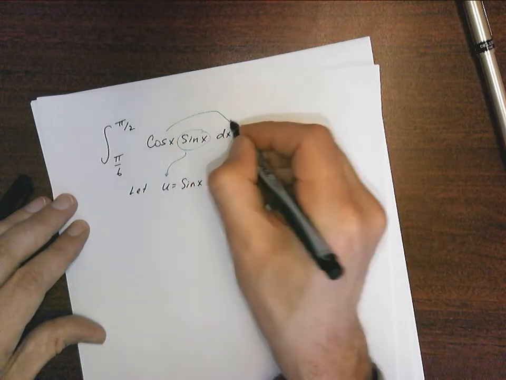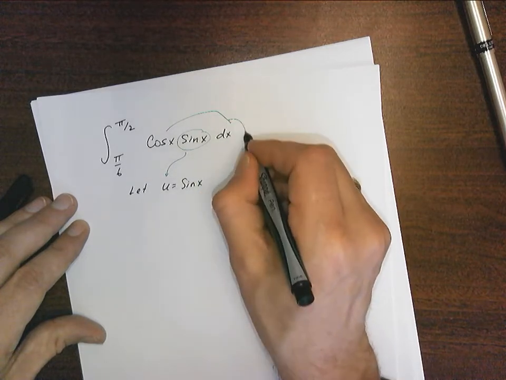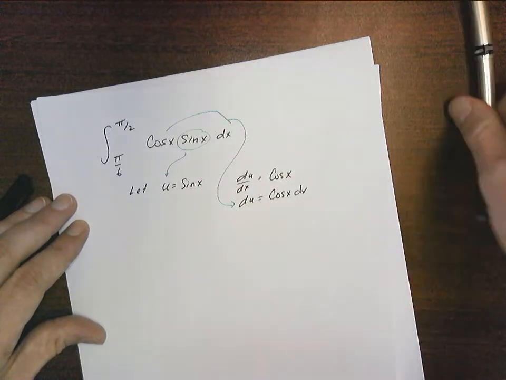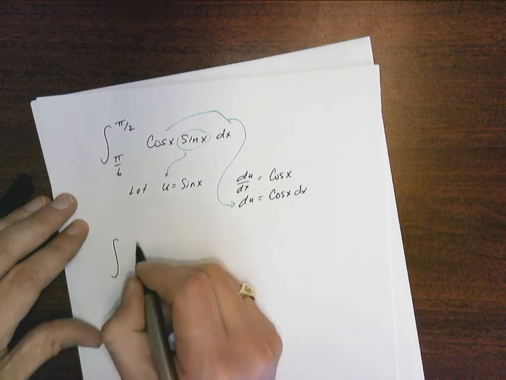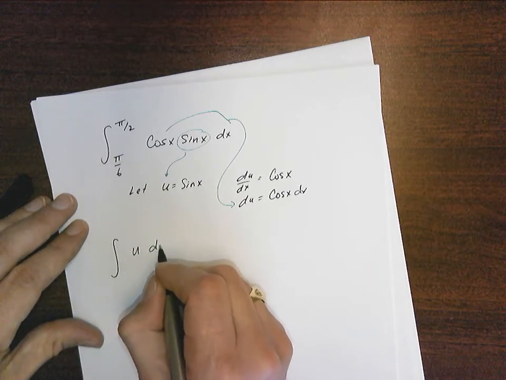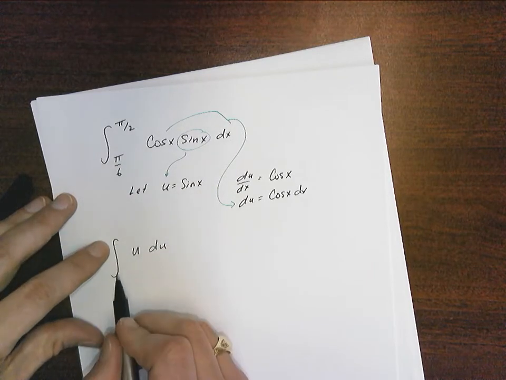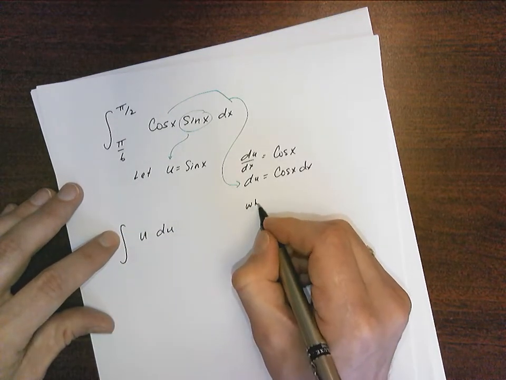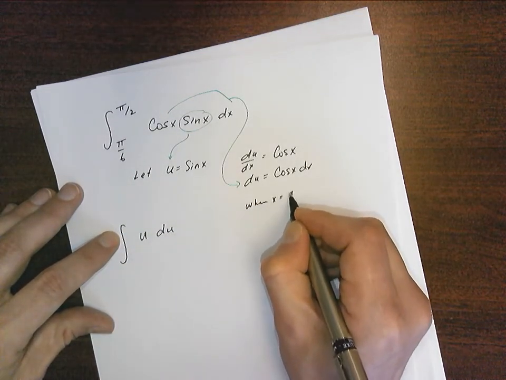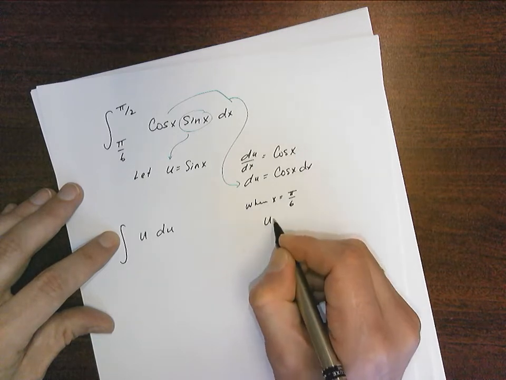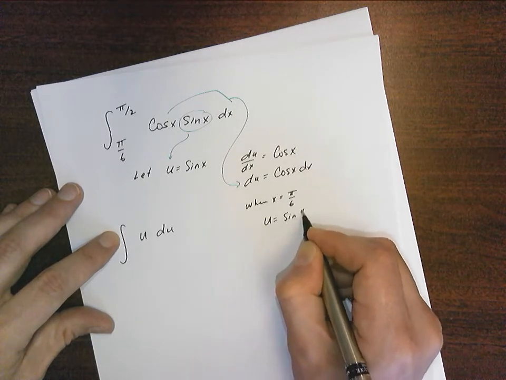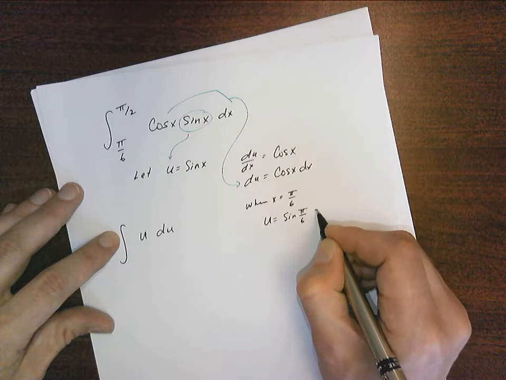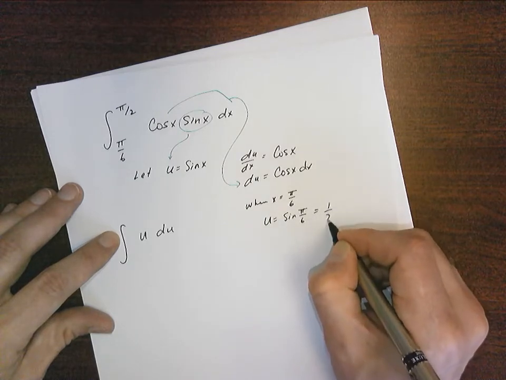So once again, sin x is going to be replaced with a u, and cos x dx is going to be replaced with du. So we're going to get u du. I've got to change these limits. They have to be in terms of u. When x equals pi by 6, u equals sine of pi by 6, which is equal to 1/2.